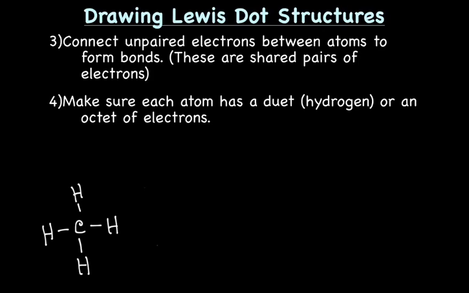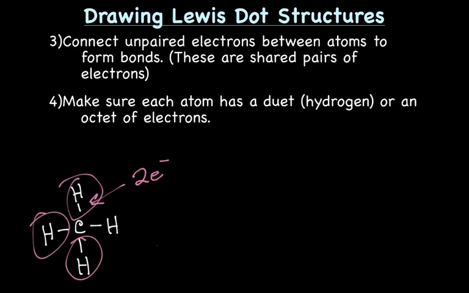Okay, now make sure that each atom has a duet for hydrogen or an octet of electrons. So again, remember, those lines represent 2 electrons. So this hydrogen has 2 electrons. He's good. Hydrogen has 2 electrons. He's good. Hydrogen has 2 electrons. He's good. And hydrogen has 2 electrons.